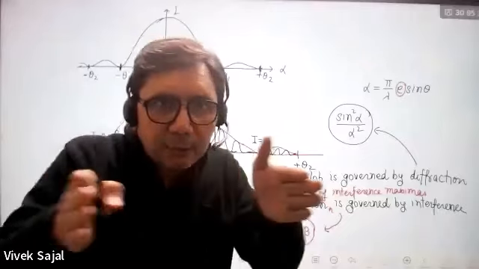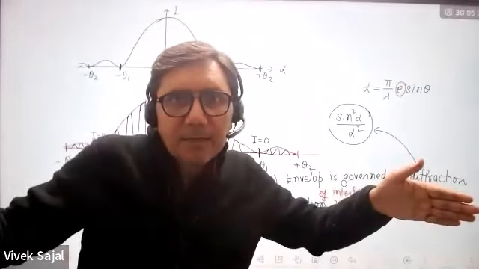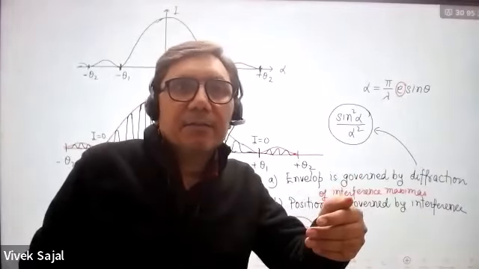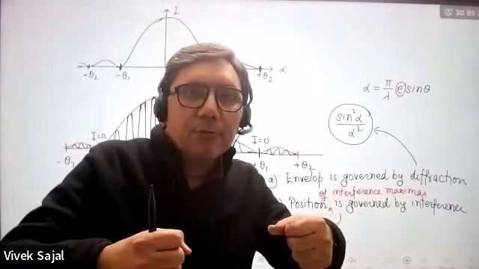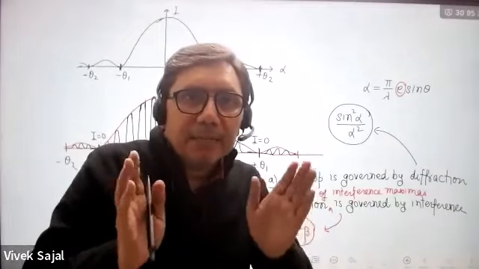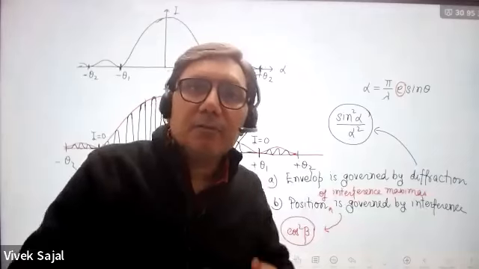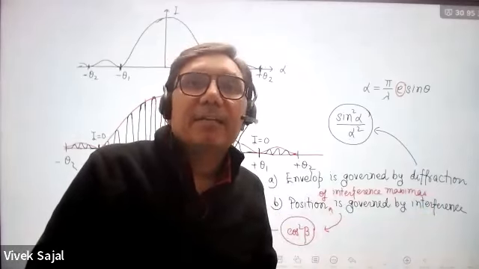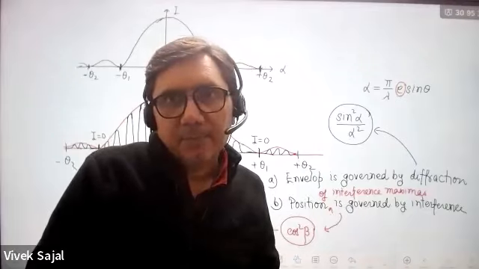So many interference maxima are there, and their height is equal. But when diffraction is also introduced through the slit width, there are some particular directions in which no light is propagating, because in those directions diffraction minima is occurring.